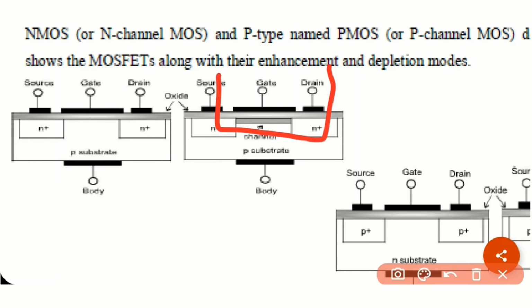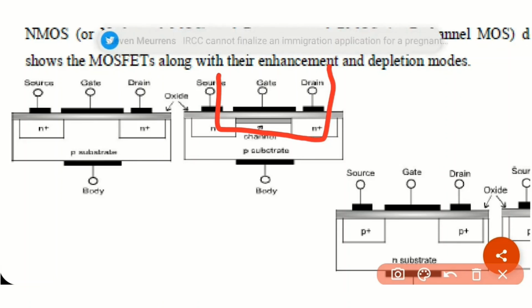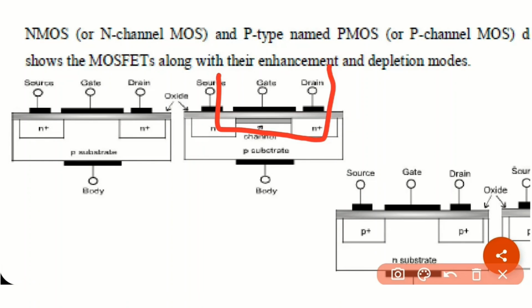But the channel may now be closed by applying a suitable negative voltage to the gate. So in this case, we have to close the channel. And how are you going to close the channel? By providing a negative voltage to the gate.